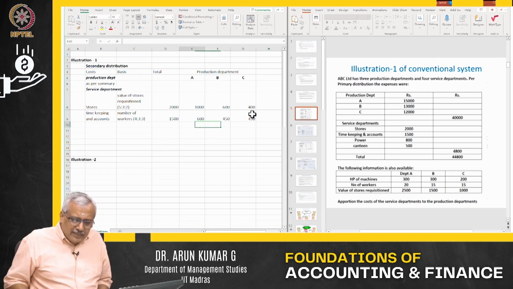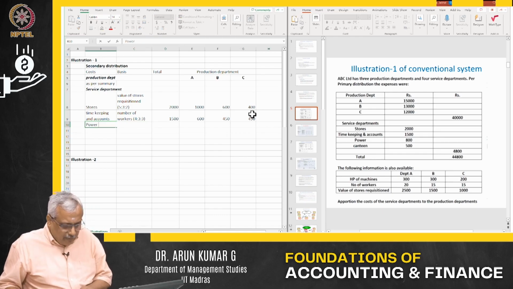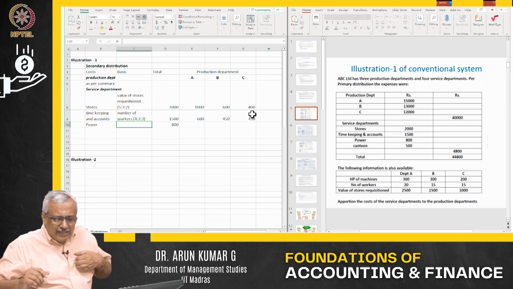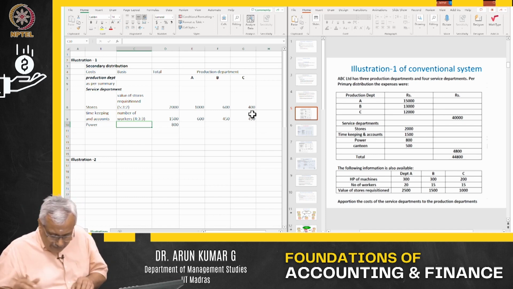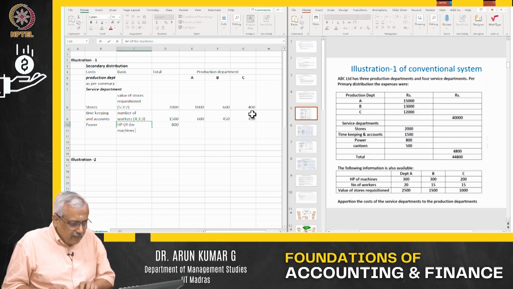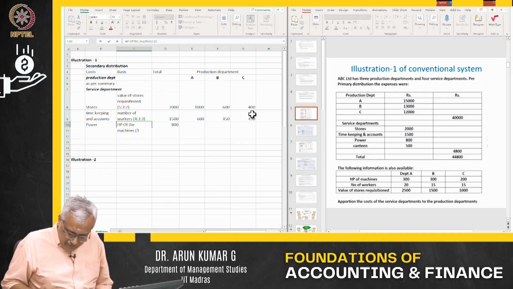Now let's look at the other service department, that is power. The cost of power in this particular case is about 800. Now what is the basis? The basis is the horsepower of the machines, that is what we will take, HP of the machine. And HP of the machines is going to be in the ratio of 3 is to 3 is to 2.